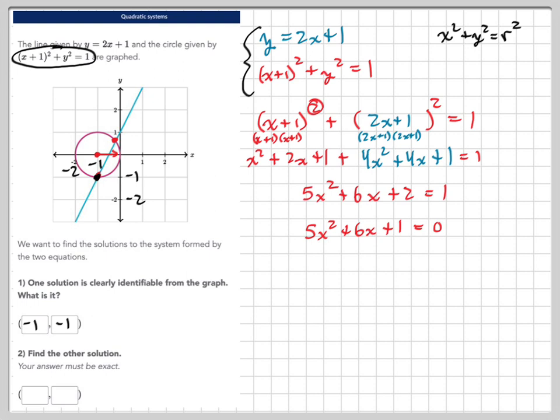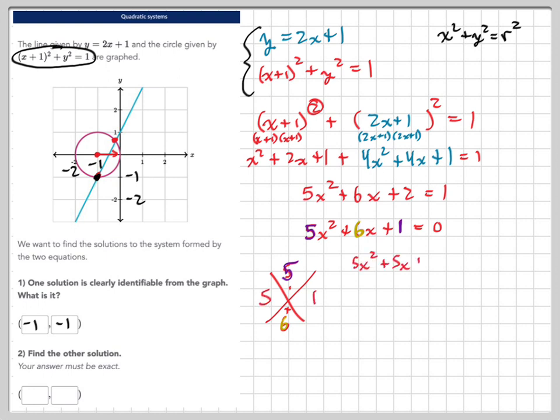For this one, since the leading coefficient does not equal 1, we're going to have to split apart the middle term and use grouping. You could use the big X if you want. The 5 is gotten by going 5 times 1, the first term times the last term. Then we have to find two numbers that also add to give 6, which I get from the middle term. So what two numbers multiply to give me 5 and add to give me 6? Pretty easy, 5 and 1.